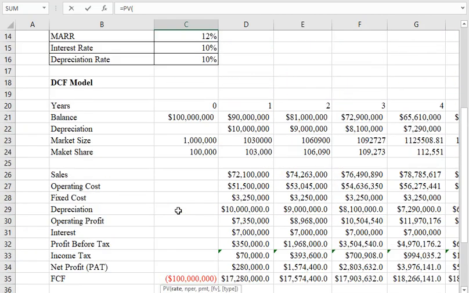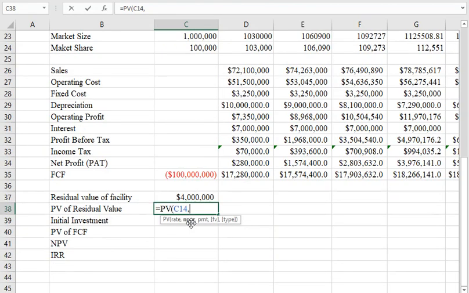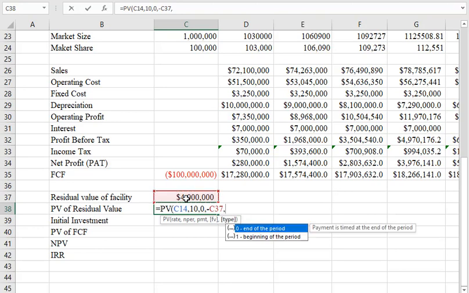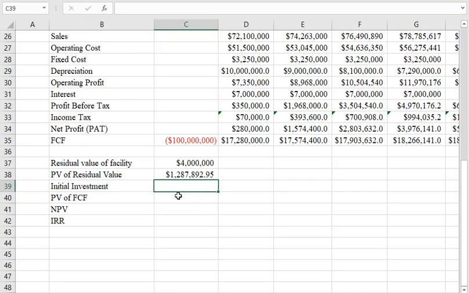For the rate, we will use the minimum attractive rate of return, that is 12%, the number of periods is 10 years, and the future value is the residual value. The initial investment is given as 100 million.